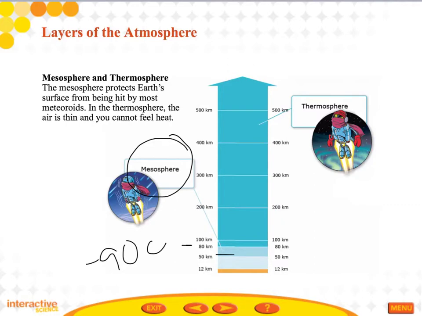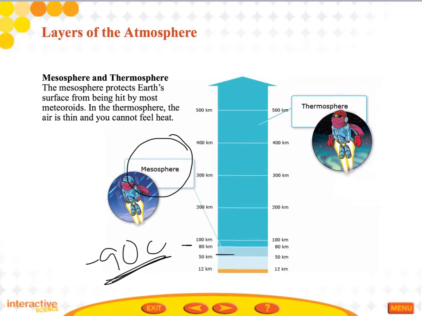If you've ever looked up into the sky and you've seen a shooting star, that trail that is left behind by the shooting star is actually the meteoroid being burned up within the mesosphere. You may wonder how it could burn up if the temperature is that low, negative 90 degrees Celsius. However, they're not actually burning up. It's actually a reaction from the friction with the gas molecules in the mesosphere that causes it to burn, as we say.